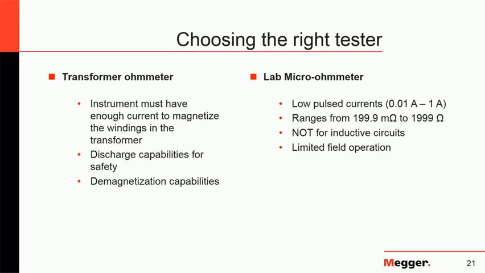That instrument should also be able to demagnetize the transformer when finishing all the testing, to avoid leaving the transformer with residual magnetism and avoid damage when putting the transformer back in service.